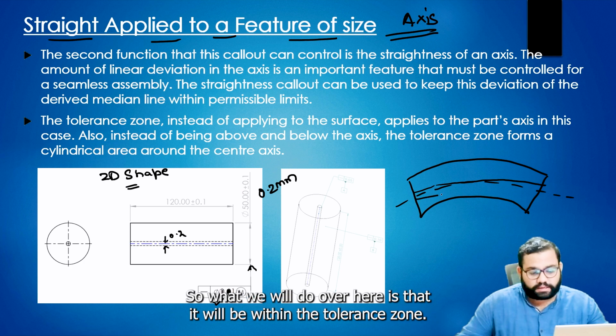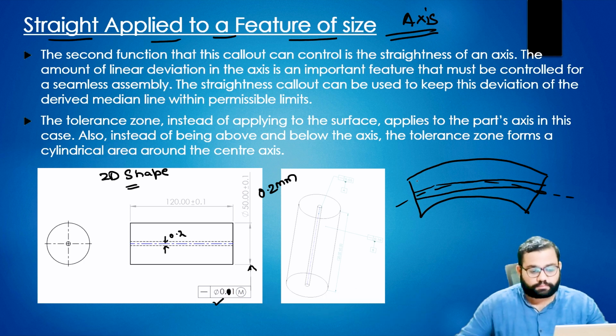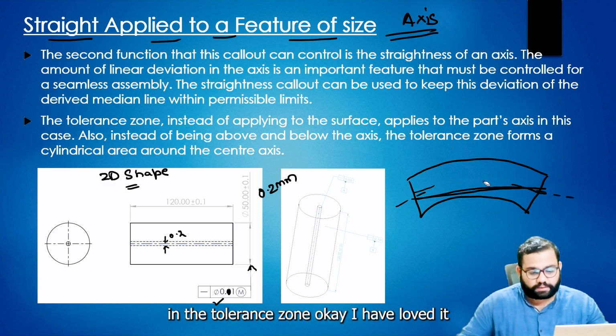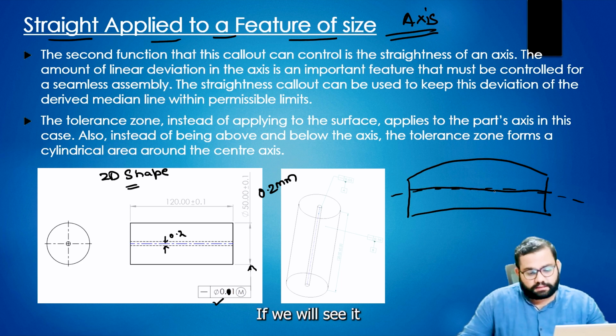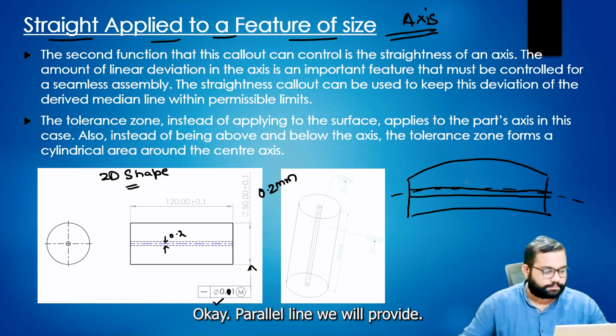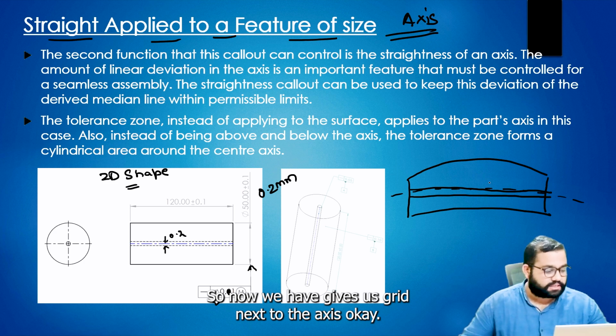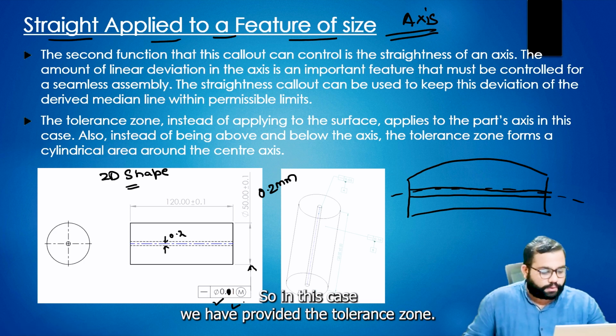So what we will do here is make two straight lines to form this axis in the tolerance zone. If we see this in two parallel planes, we will provide parallel lines. So now we have given the straightness to the axis, and we have provided the tolerance zone.